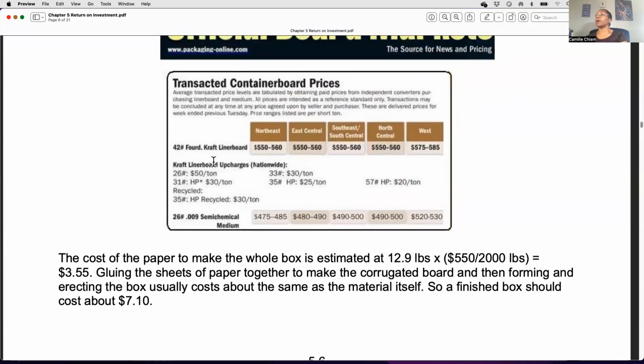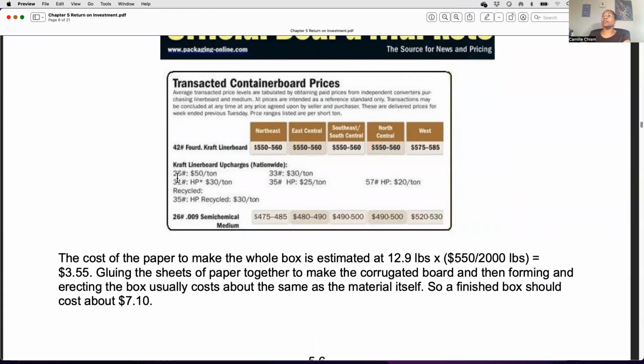And this is an average price, and they're using it based on tonnage. So price ranges are listed for a short ton. So 2,000 pounds is a ton. So that's where you get that 2,000 pounds from. So that's how they estimated that the cost of the paper to make the box is $3.55.